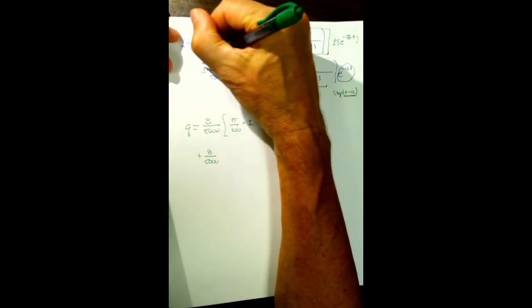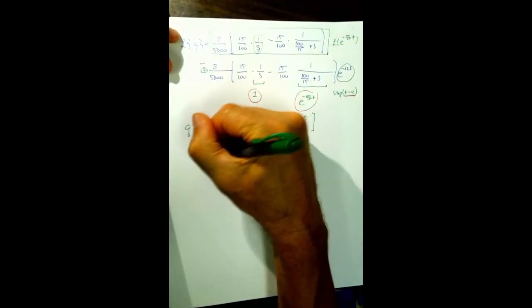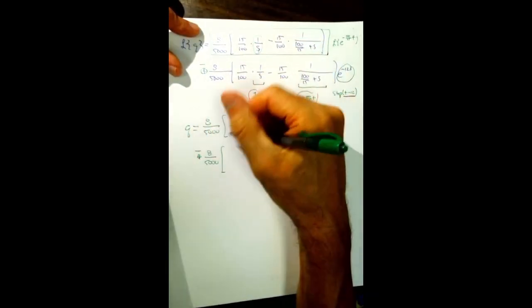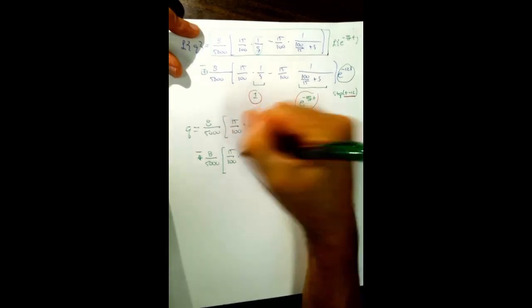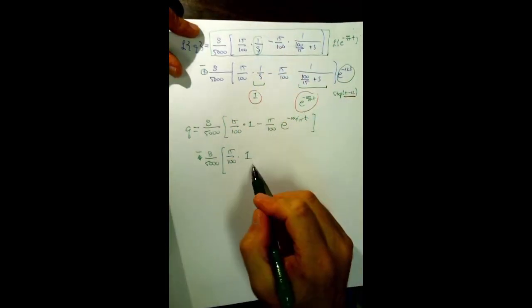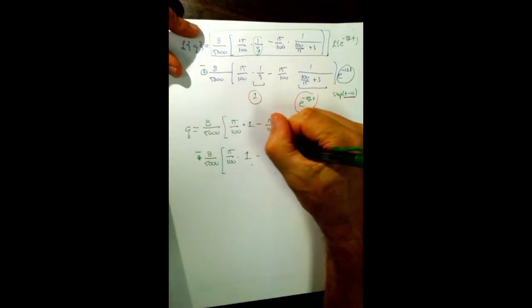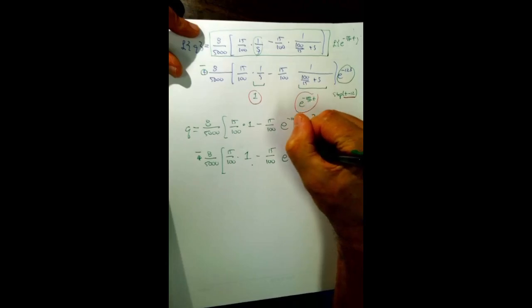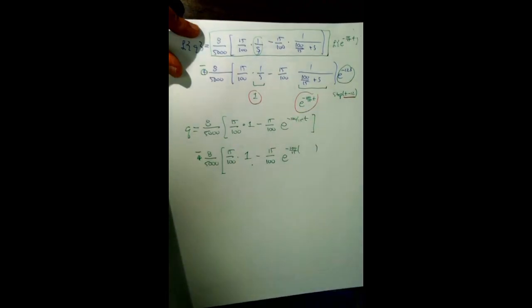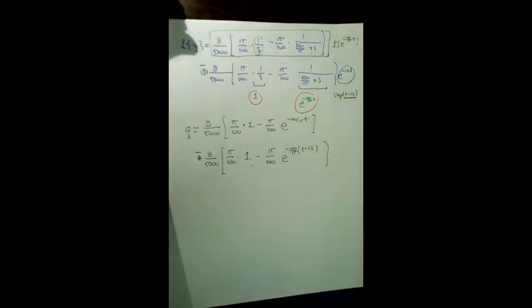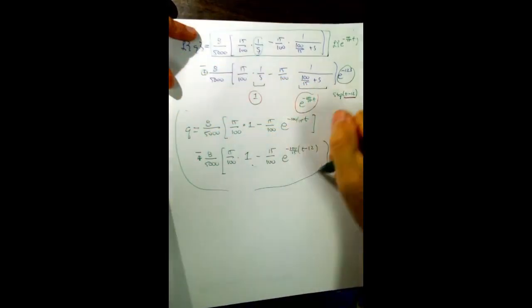So this should be a minus. So now this becomes 15 over 100 times 1. Notice I'm evaluating at t minus 12. This becomes 15 over 100 e to the minus 100 over 15, but now, instead of evaluating at t, I evaluate this at t minus 12. And there is my solution.